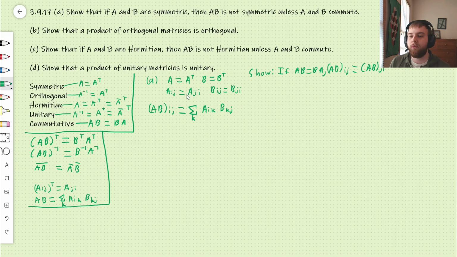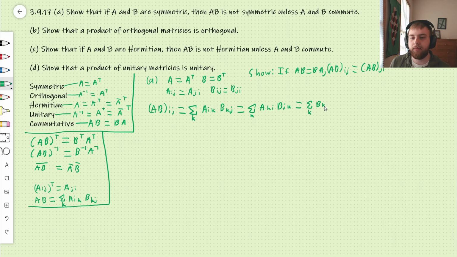So since we know that we can interchange the addresses of each of these, since they're symmetric, we can rewrite this as a ki b jk, which we can also then rewrite as just swapping them around, since when you address them, they're just numbers, right?